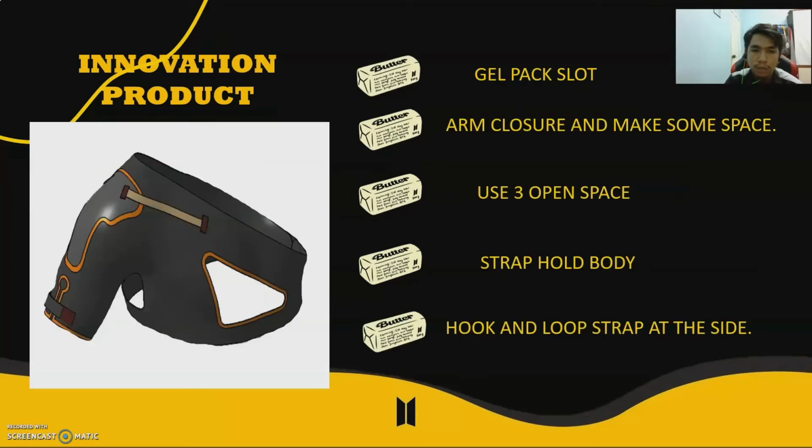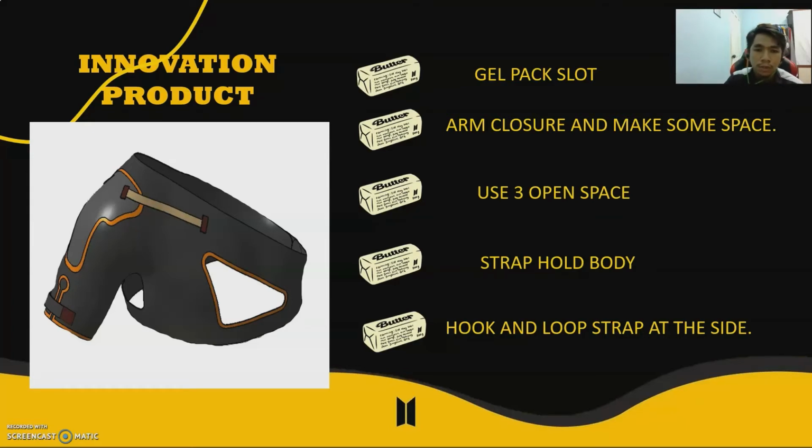We have done innovation to our product. This is our innovation product. We have made a gel pad slot at the shoulder, inside the shoulder brace guard. The gel pad function is to make it easy for the user to put a cool or hot pack based on their need.